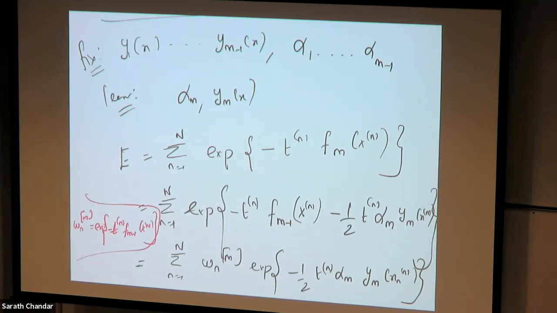Since this part is a constant, I'm going to give it a name, let's say w, and you have the rest. Is that clear? Any questions?